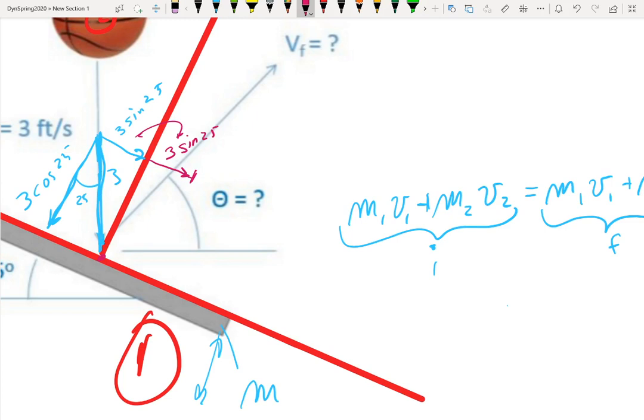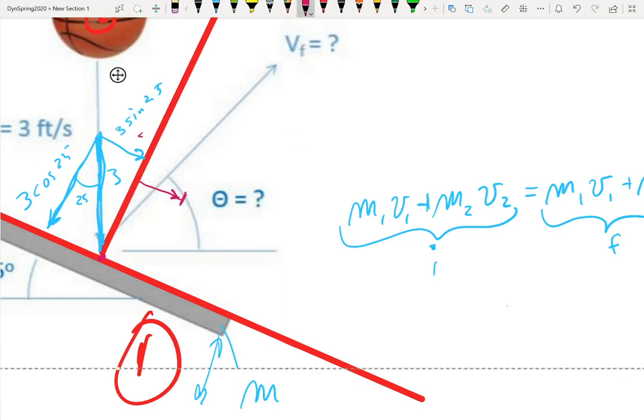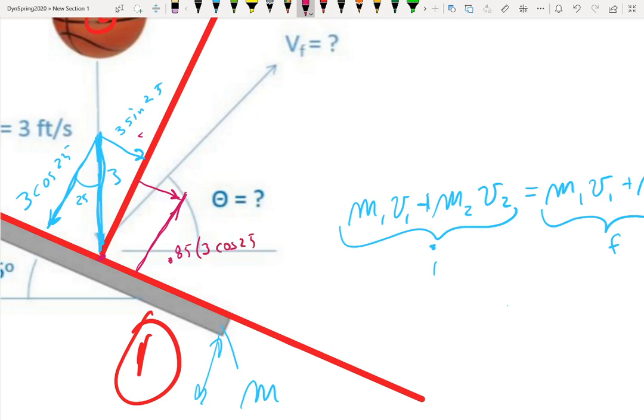The problem is now you've lost some energy. So instead of having this here, as I've done, oops, see if I can judiciously get rid of this. I'll leave that there. This gets drawn down, and the component coming back off is 85% of 3 times cosine of 25.